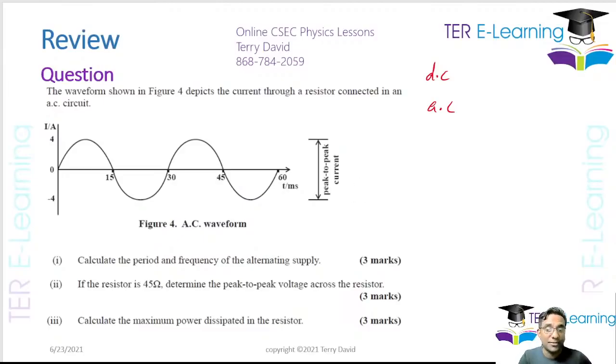You all have to be able to state the difference between AC and DC. With direct current, the electrons are flowing in one direction only. CSEC can ask you that: differentiate between AC and DC. So for direct current, the electrons are flowing in one direction only.